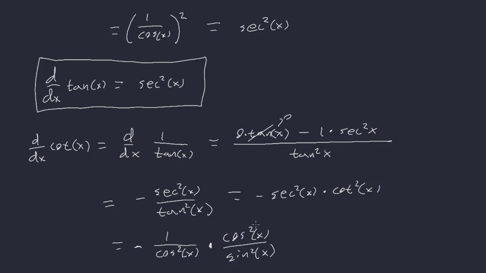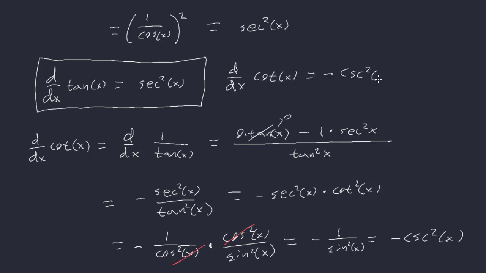Okay, so the cosine squareds cancel, and we are left with negative 1 over sine squared x, which will be negative cosecant squared x. Okay, so the derivative of tangent is secant squared x. The derivative of cotangent is negative cosecant squared x.